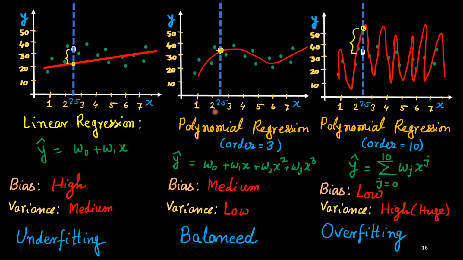And the second one, we can call it balanced. It's a good one. And the last one, with order number 10, we can call overfitting. It is too good. So this fitting is too good. This bias is low. It is good for training data, but it is leading to high variance for testing data.